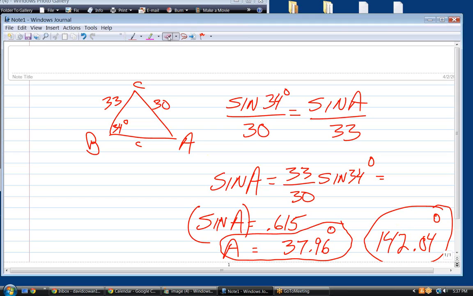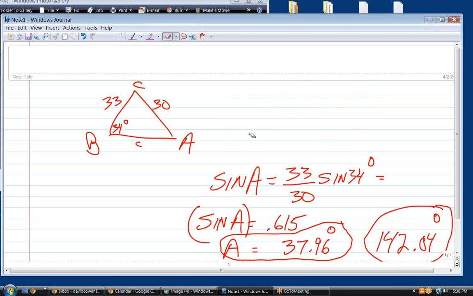And so we actually have two triangles that fit this bill. There is the one that I drew, and then there's this one here. In both cases, that angle is 34 degrees, this side is 33, and this side is 30.